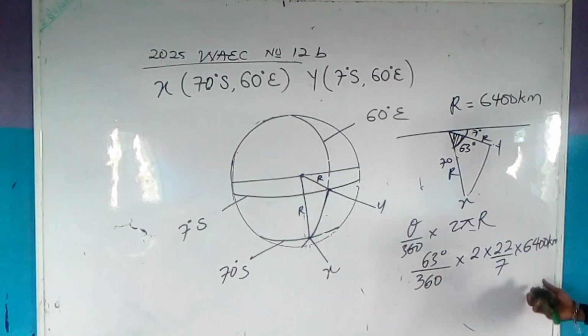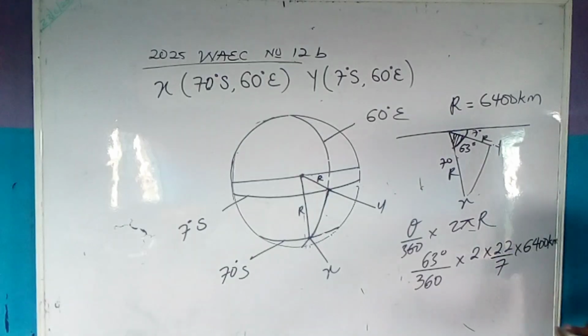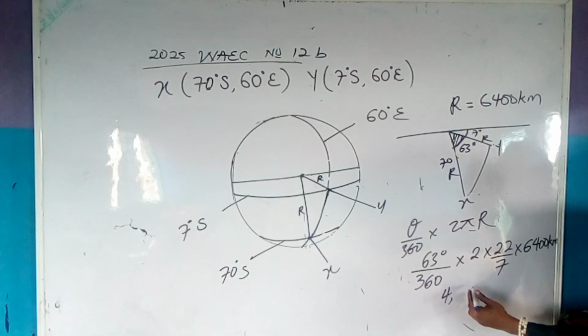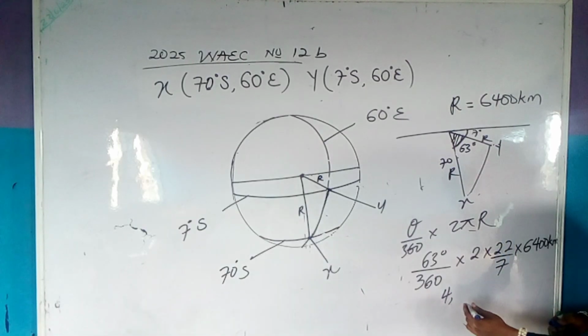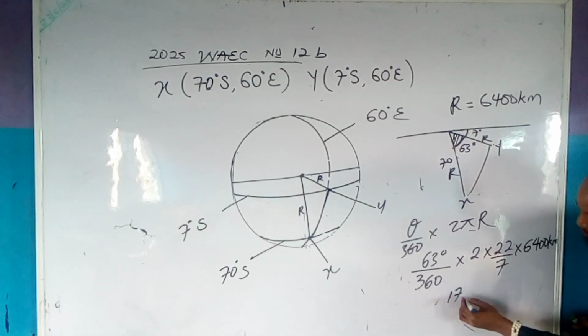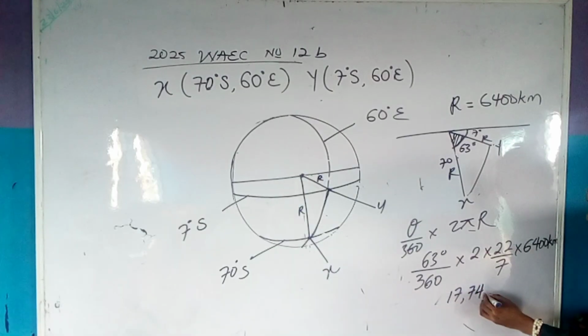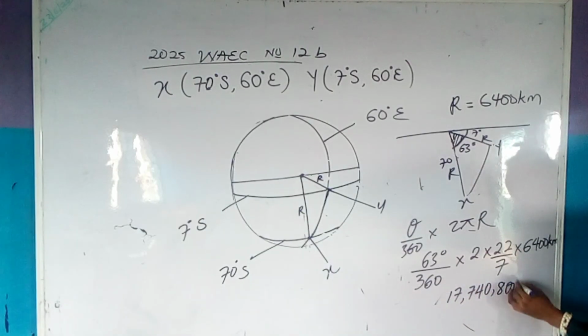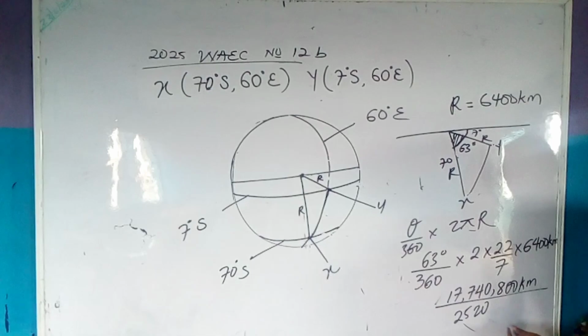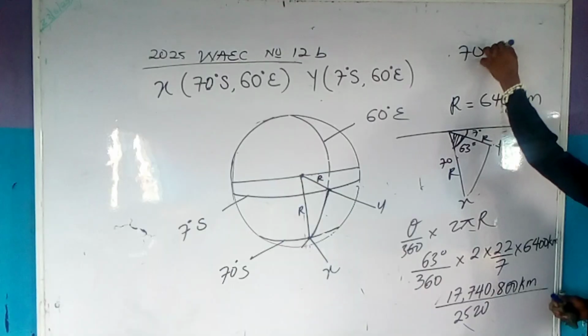So let's work this out. If you enter this value in your calculator, what are we going to get? 63 times 44 times 6,400 gives 17,740,800 kilometers, divided by 2,520. So dividing it, in essence we have 7,040 kilometers.